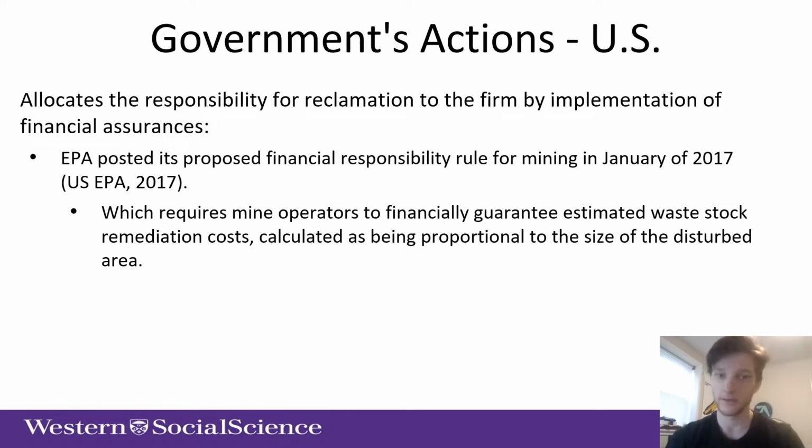In the United States, this committee is called the EPA, and in 2017 they announced a proposed financial responsibility rule, which would force miners to guarantee estimated waste stock remediation costs. These would be calculated as directly proportional to the size of the polluted area of land.